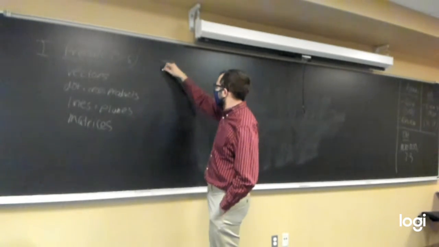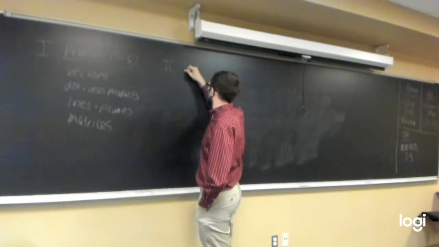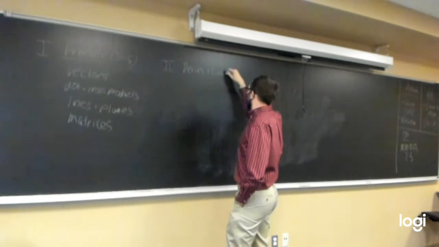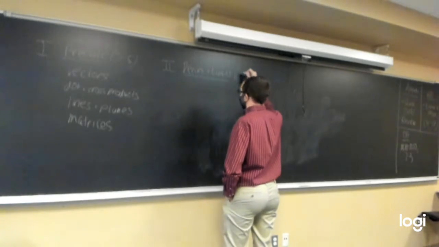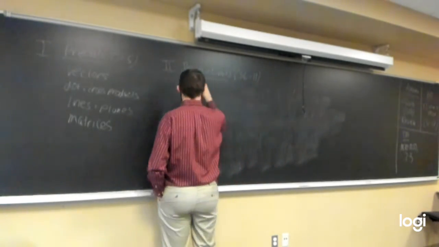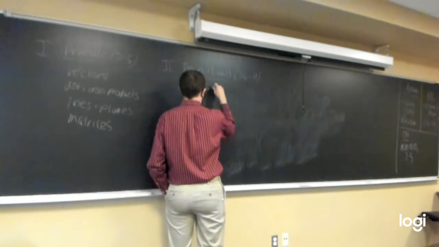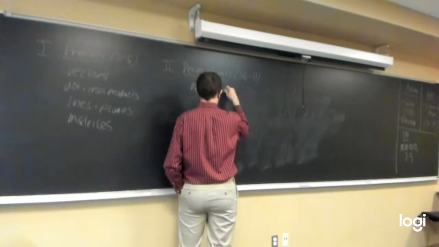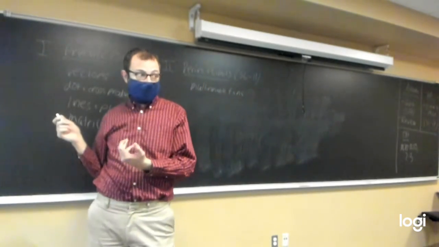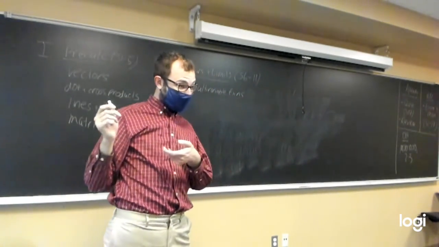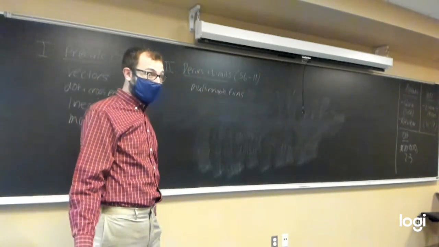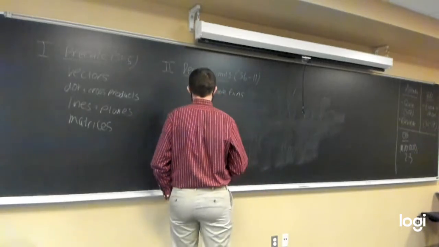The second major unit of the semester was the derivatives and limits part, which was standards 6 through 11. That covered looking at properties of multivariable functions. So things like how do we find domain, how do we find range, how do we find codomain, how do we graph functions by looking at their level curves or contour curves.